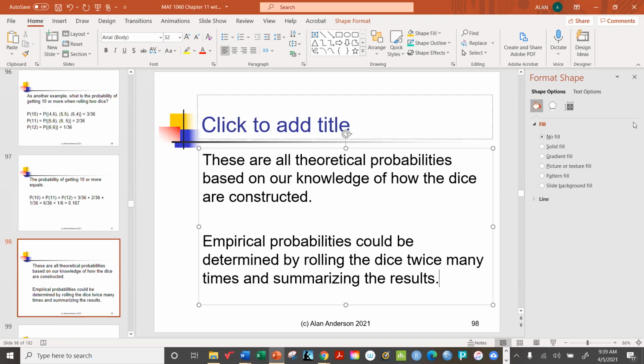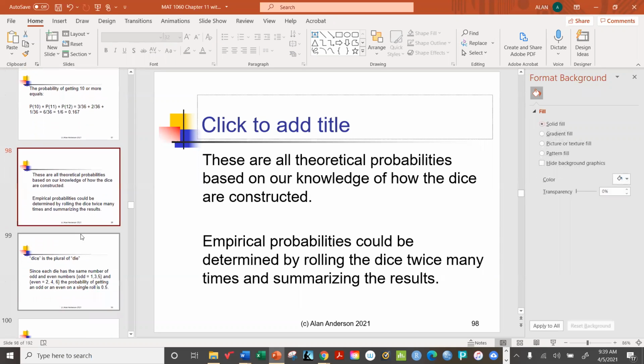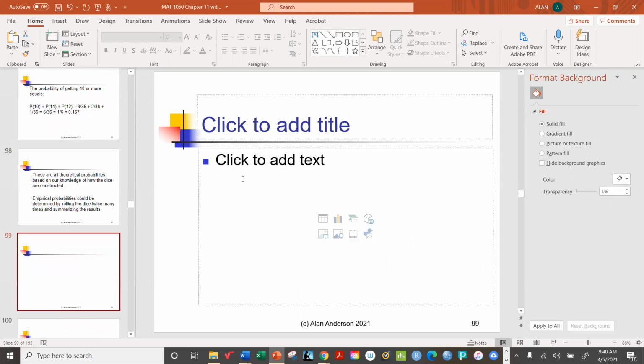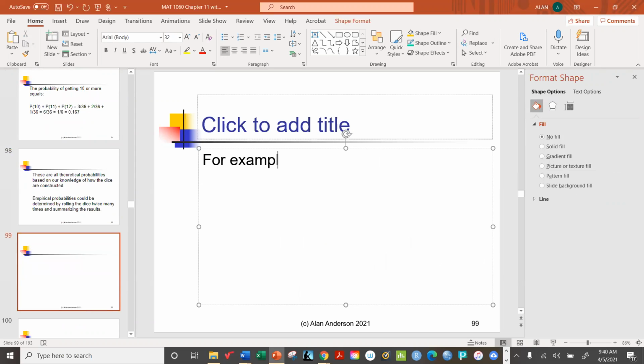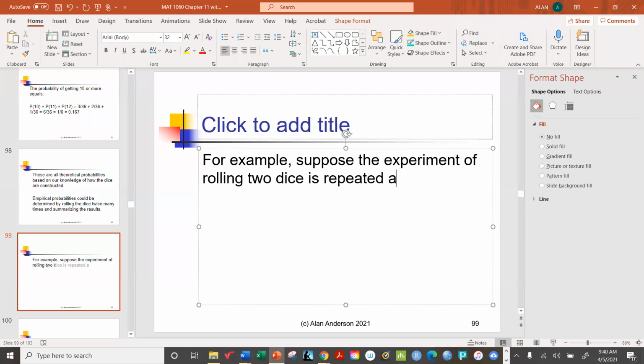And then you would have a table. Suppose, for example, that the experiment of rolling 2 dice is repeated 1,000 times with the following results. Okay, and so you actually do this.